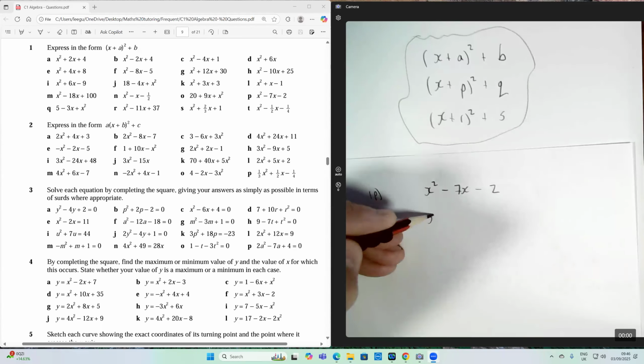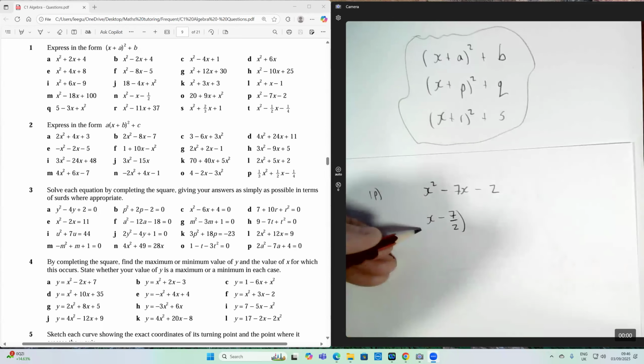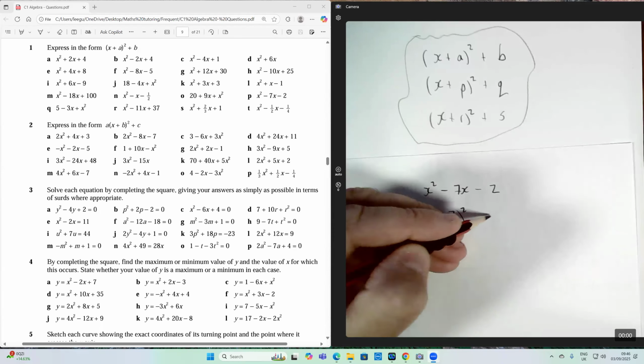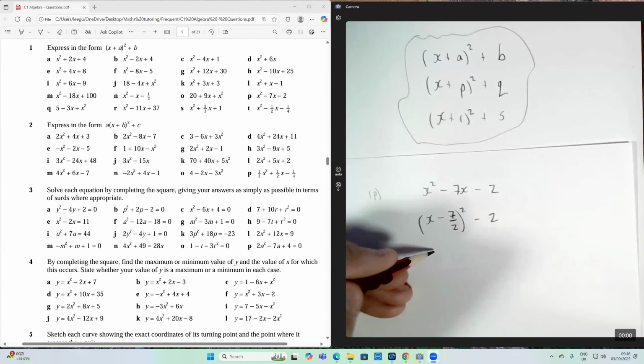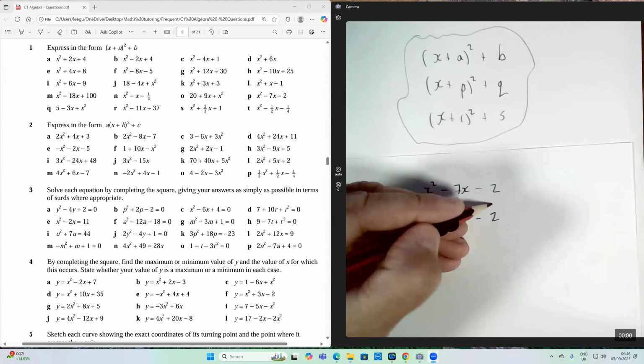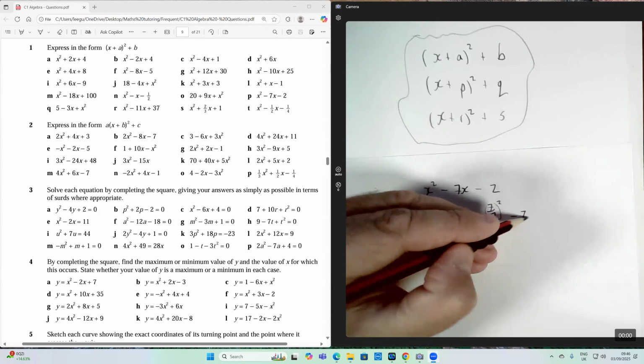So it's going to go to x, and I'm going to write it as a fraction. I know you could write it as a decimal, but especially when we move up to potentially A-level, thinking about things as a fraction can often be a better way forward. So I've halved it and I've written it as 7 over 2. So I'm going to do minus 7 over 2 all squared, and then there's my minus 2.